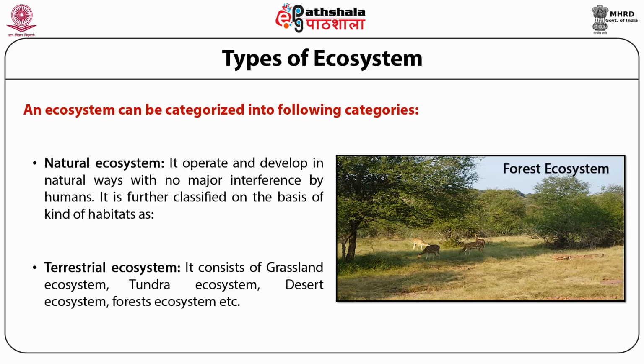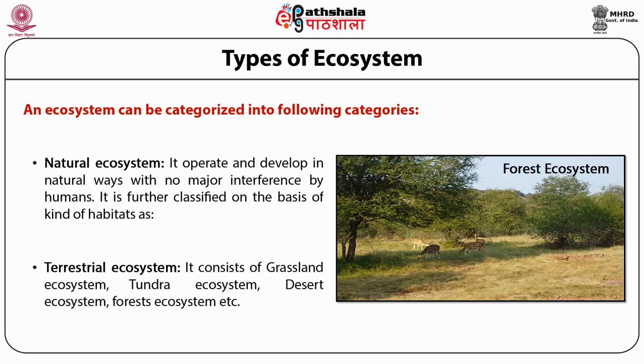Savanna ecosystem consists of grassland with low frequency of trees. Taiga ecosystem consists of subalpine ecosystem with low or medium rainfall having acidic soil. Tundra ecosystem occurs in the alpine zone between taiga and polar ice zone, dominated by lichens, mosses, herbs, grasses, and low shrubs.